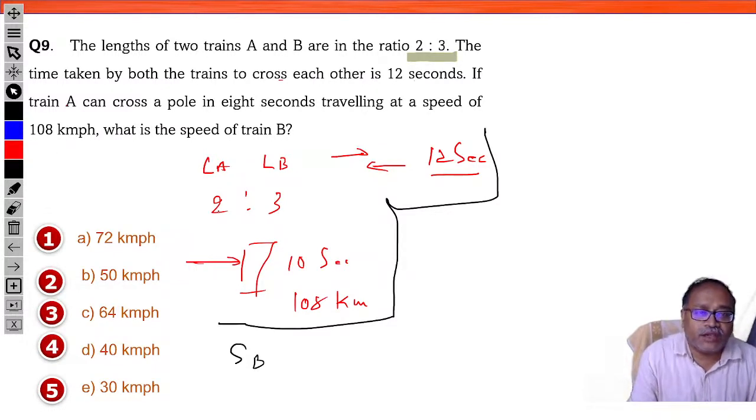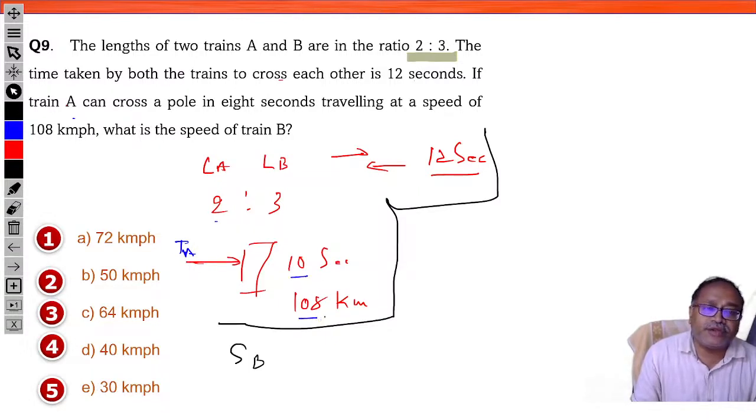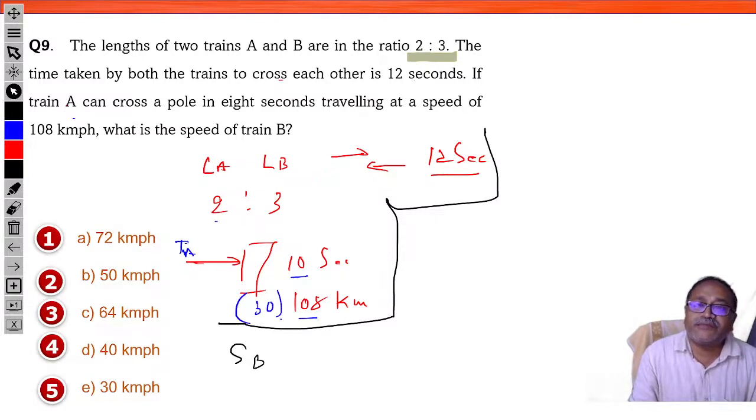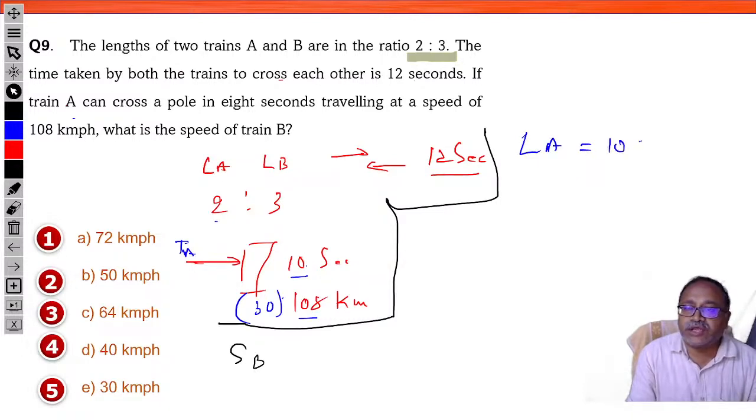So here I know the length. Train A can cross the pole in 10 seconds with a speed of 108 km per hour. 108 km per hour is nothing but 30 meter per second. So what is the length of the train? Length of the train is speed into time while crossing a pole. So the length of train A is 10 into 30, which is 300.